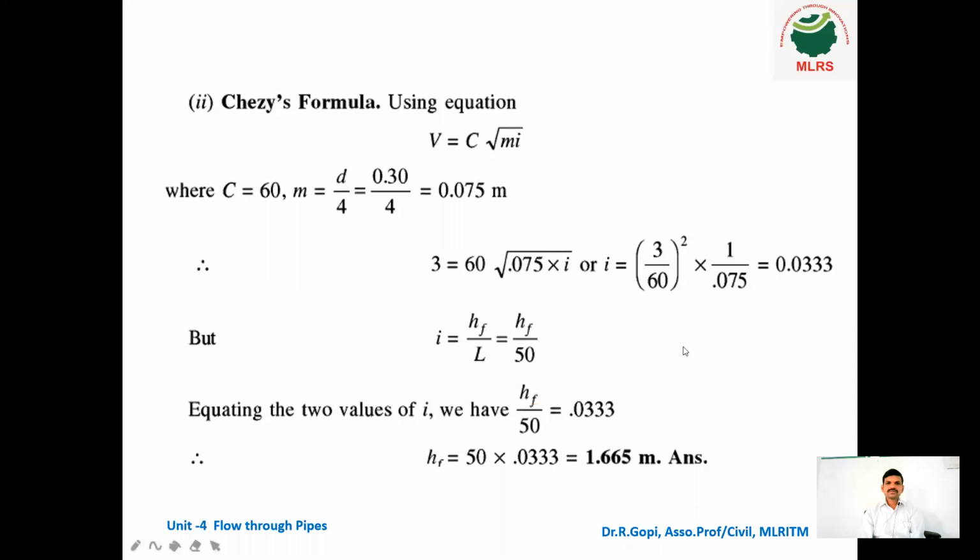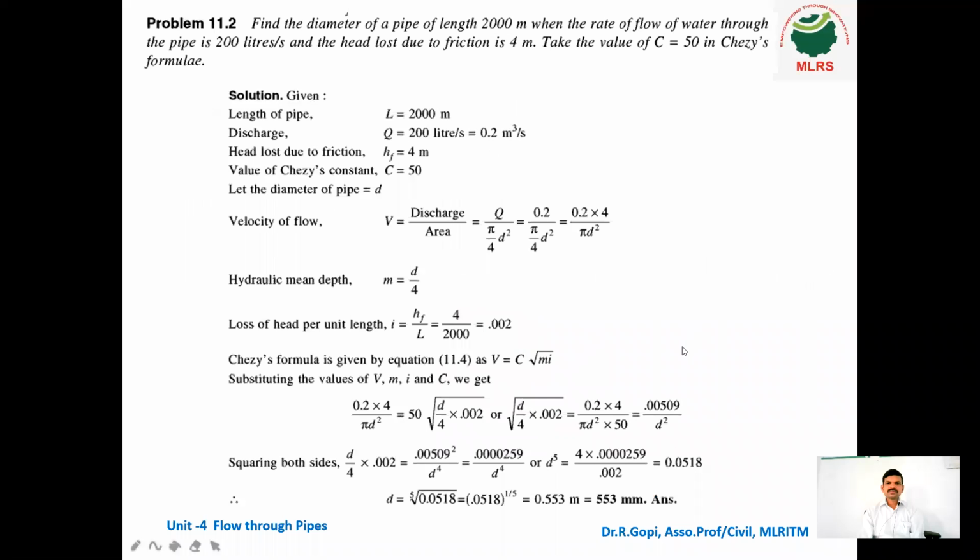Now we will move to the second problem. In this problem, all the data are given except the diameter of the pipe. So how to calculate the diameter? The diameter is hidden.